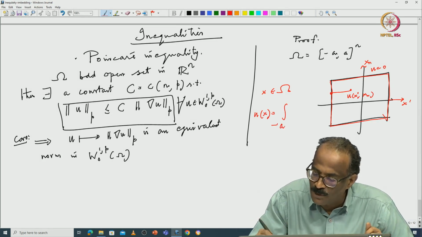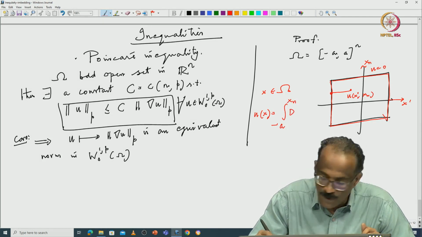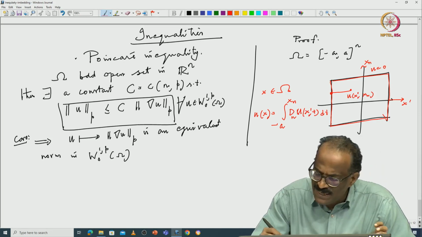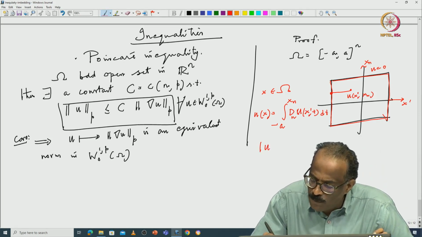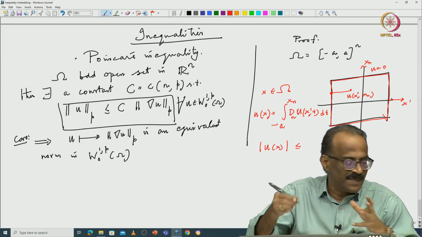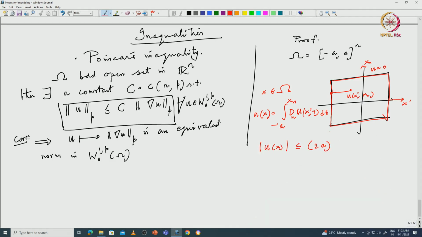So, minus a to xn, dn of u x prime x, dn of u x prime of t dt, and then you can immediately estimate the modulus. You can even get the constant estimate, it will be something like a diameter. So you will have 2a power p by q.